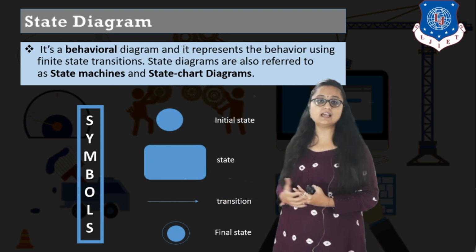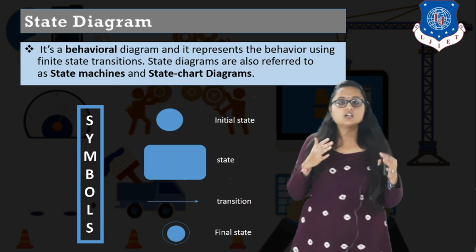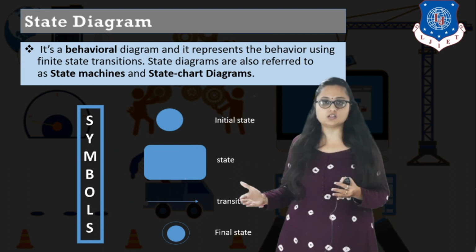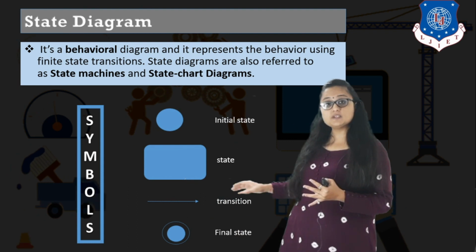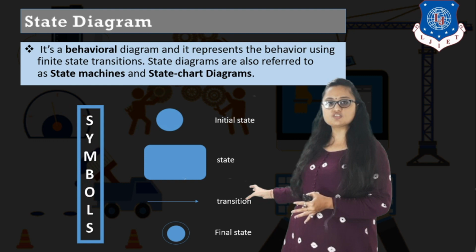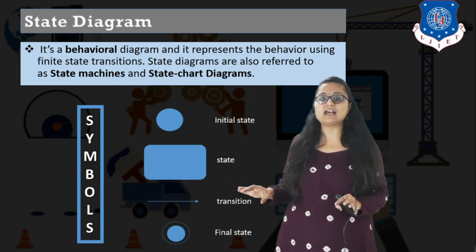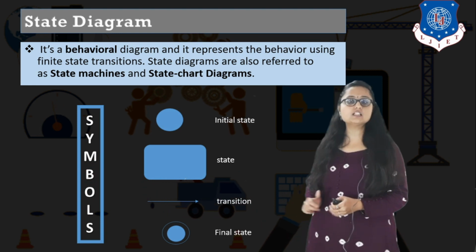So there should be an action related to this transition. If you are jumping from one state to another, that is, if there is a transition occurring, then there should be some action which is triggering this transition. So a transition must be named, it cannot be an unnamed arrow. And this is again the similar symbol, the final state symbol.